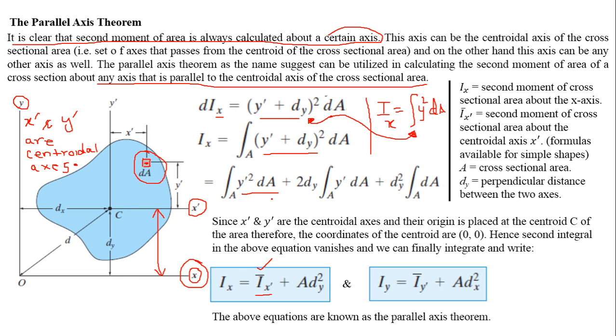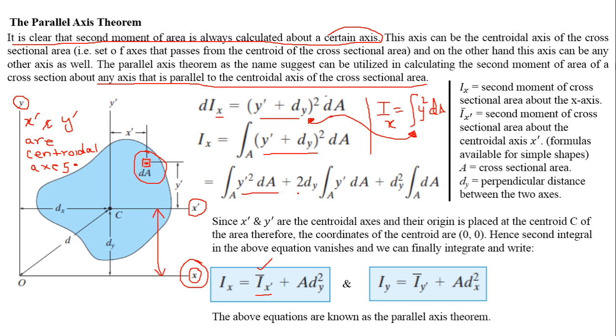So this first integral is actually the value of the second moment of area of this entire cross section about its horizontal centroidal axis, that is x dash. So that is why this is I x prime bar.